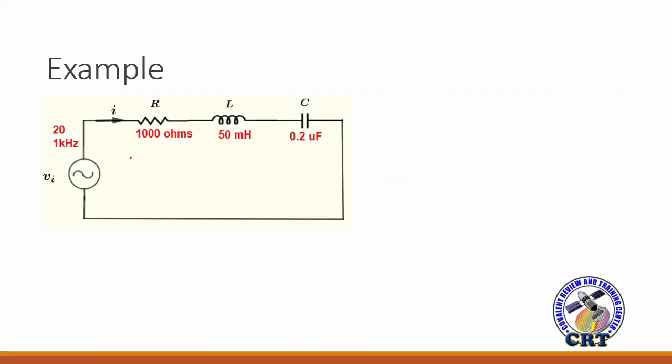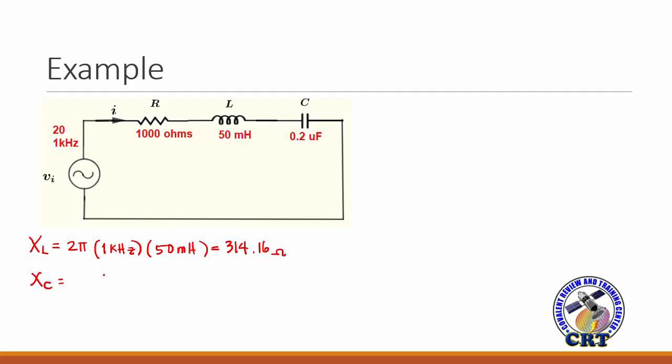For the series connection of RLC, let us solve first XL. This is 2 pi times the frequency 1 kilohertz times the inductance of 50 millihenry, equivalent to 314.16 ohms.